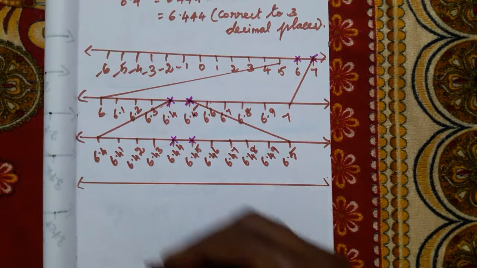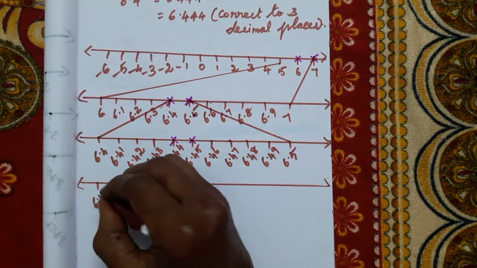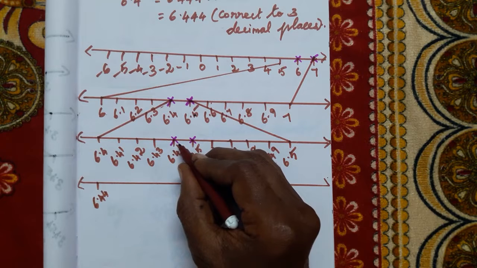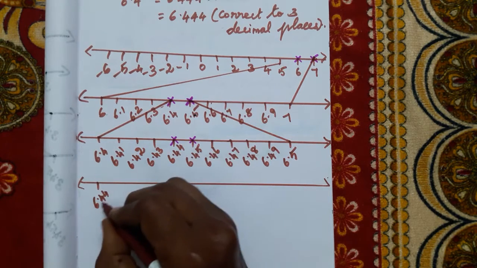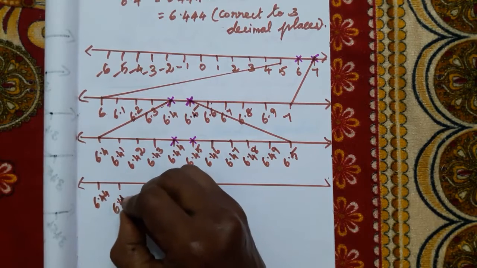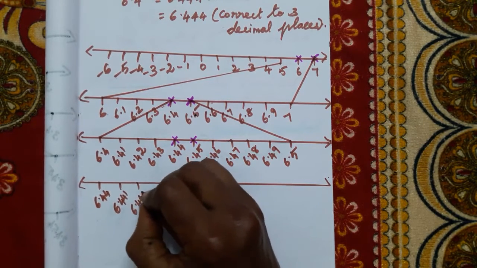Number line, and start from 6.44. What we marked here? 6.44. Start. Afterwards 6.441. Next 6.442.